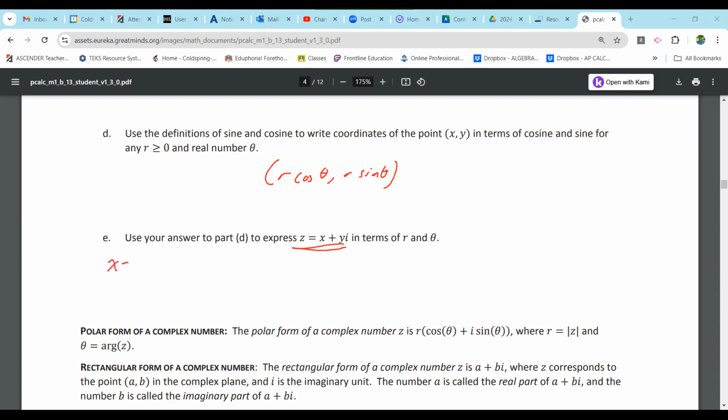So x then would be r times cosine of theta. And my y value would just be r times sine theta. So my overall complex number would be z equals r cosine theta plus r sine theta i. So if you were given the r and you were given the theta, I could literally just plug it into this equation, pop up the complex number. Or the coordinate if I wanted the coordinate, just depending on what information is being asked of me.